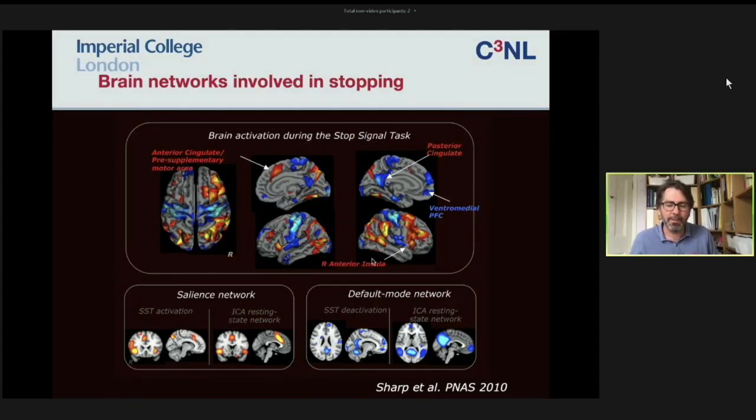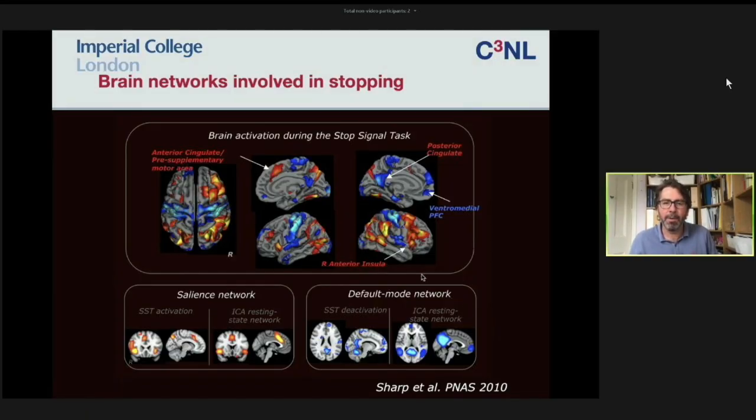So when you successfully inhibit your response, you'll see activation of large parts of the right frontal lobe, in particular parts of the right inferior frontal gyrus and right anterior insula, and also parts of the anterior cingulate cortex. And these are regions that form part of the salience network that responds when behaviorally salient events occur, and often you need to reorient attention.